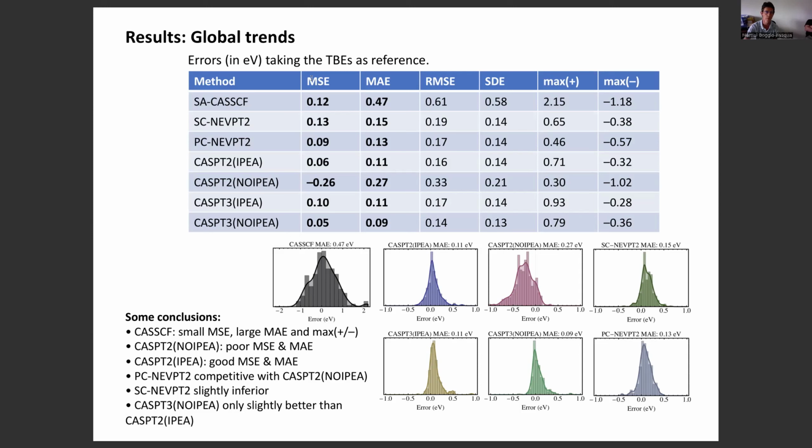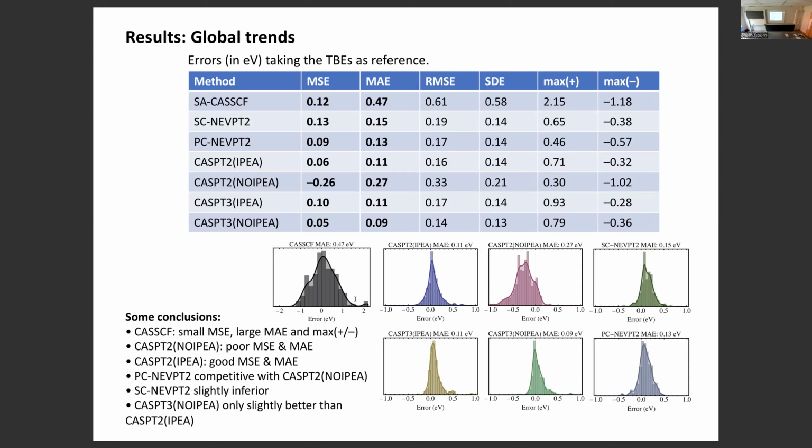I'm going to focus mainly on the MSE, which is the mean signed error, the MAE, which is the mean absolute error, and max plus, max minus are the maximum deviations. So the largest positive deviation and the largest negative deviation. And here you have the histograms of the error distributions for these various levels of theory. So I'm going to discuss all these.